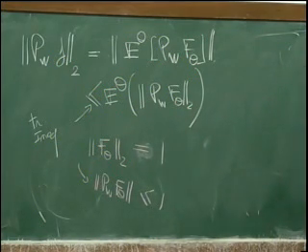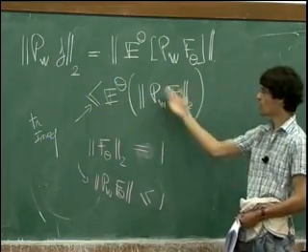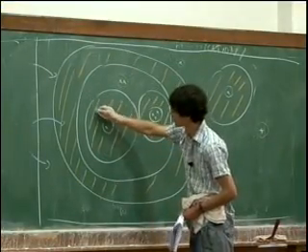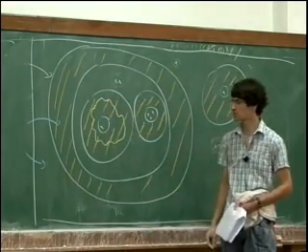So let's analyze why. Let me take one of the annuli in this annulus structure, let's say this one, and I sample theta, and now I'm wondering about this function here. Assume that I have, for example, an open circuit in this annulus.